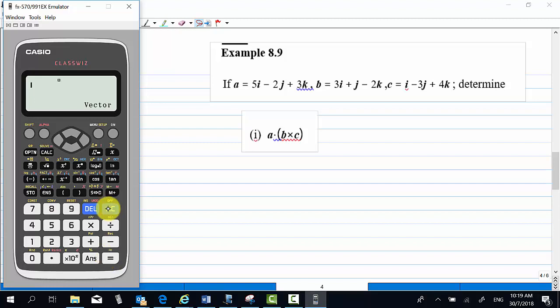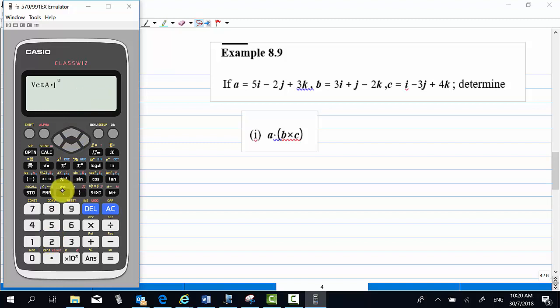Now let's do a calculation. I press option. I want vector A now, A dot B cross C. So I have vector A. Option again, dot product. Okay, move down, dot product.